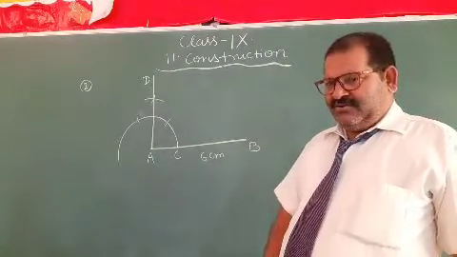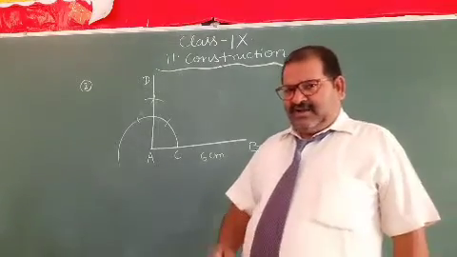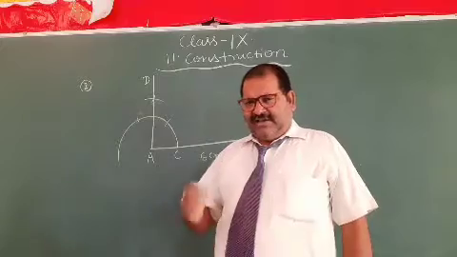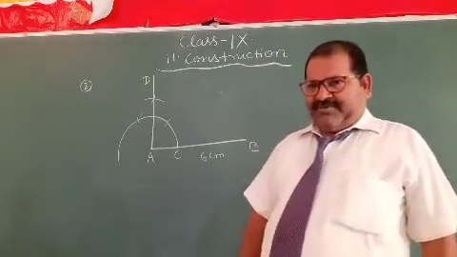Then half of the angle of 90 degree is equal to 45 degree.